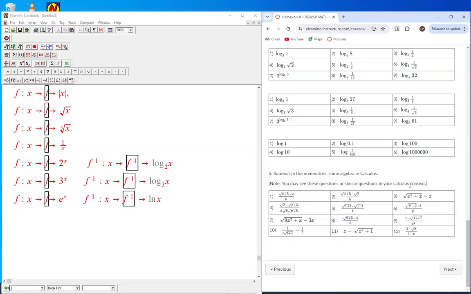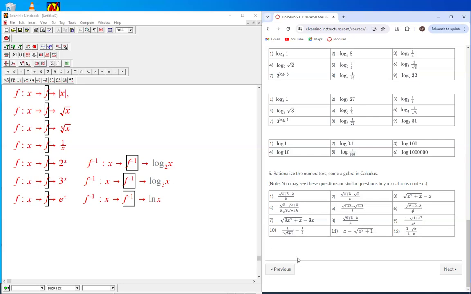These questions are exactly the same questions from the calculus text. I only took the algebraic part from that calculus context. I highly recommend you practice doing these questions, okay? Even though they're algebraic content, they're also calculus content. If you know how to operate these algebraically, you already give yourself a leg up, okay?